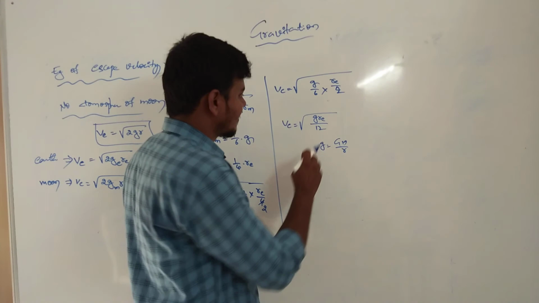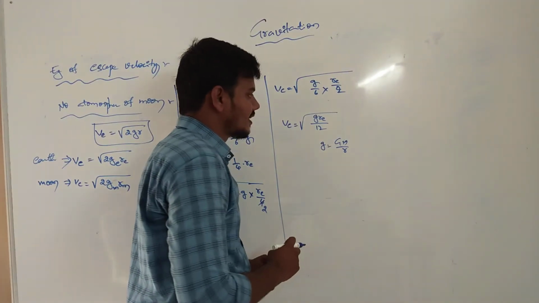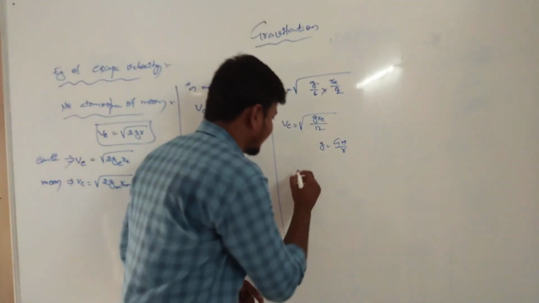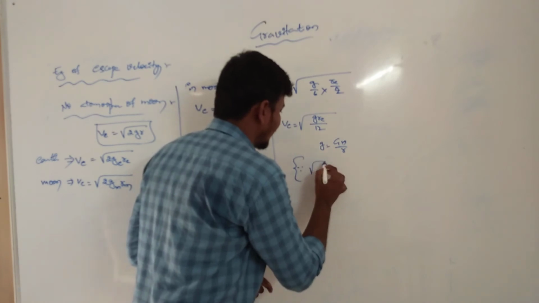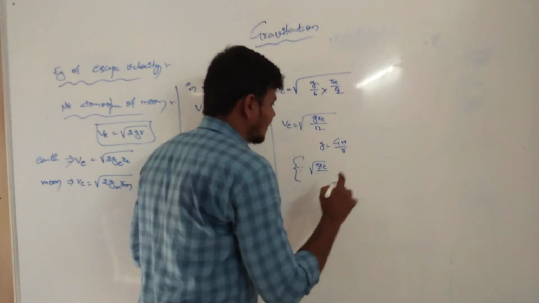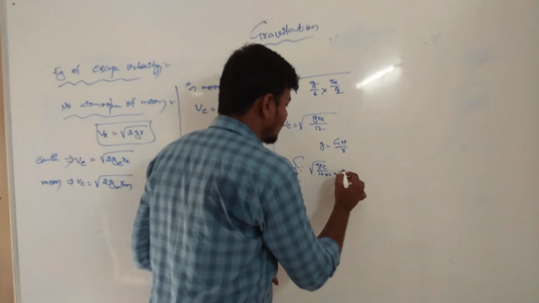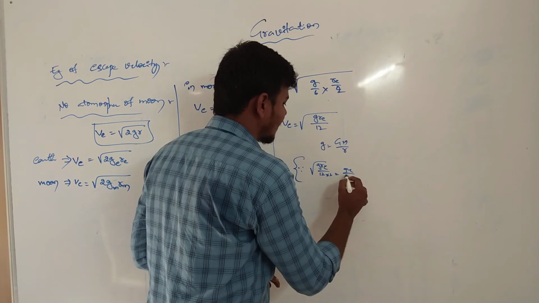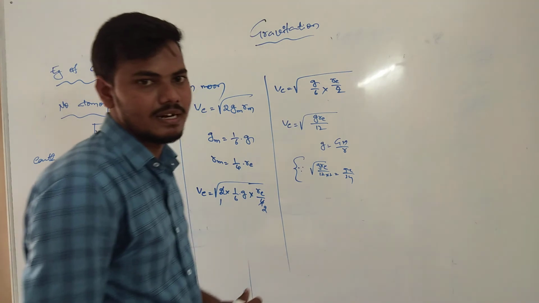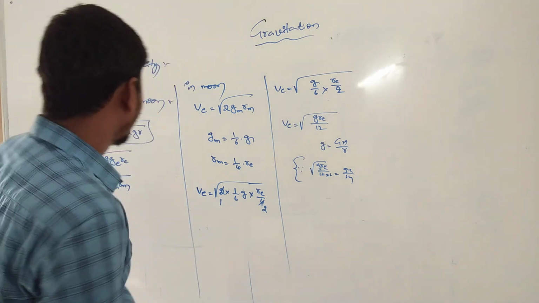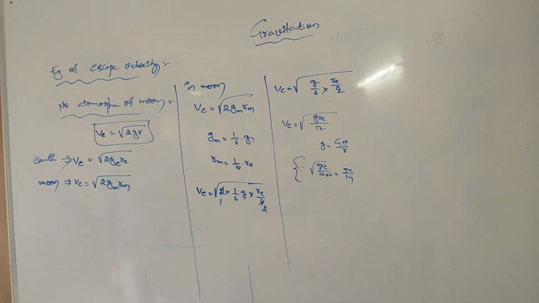Since this application, the square root of GRE by 12, and for example, the half of the position, 12 into 2 is equal to GRE by 24. Clearly, there are two cases. The first: no atmosphere of moon, VE is equal to the square root of 2GR.